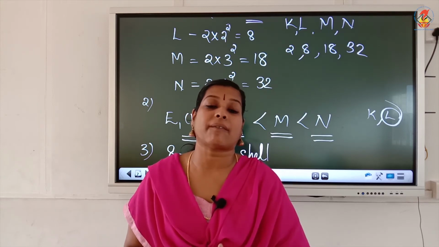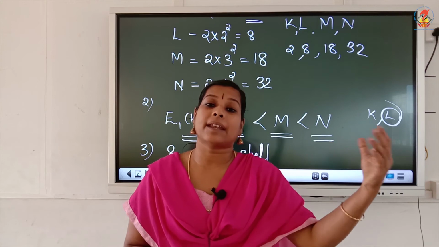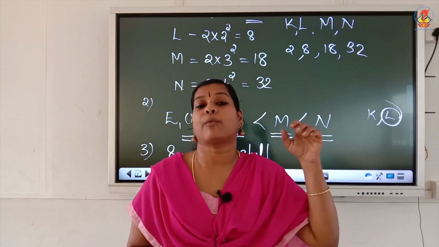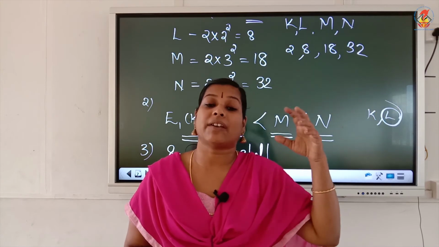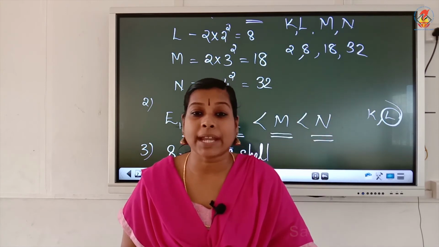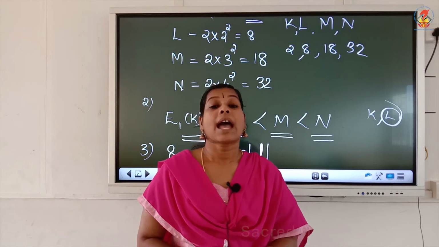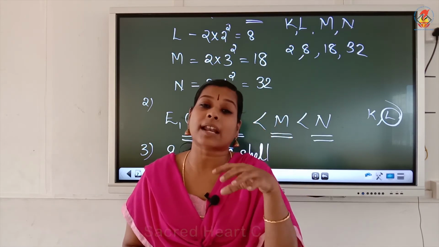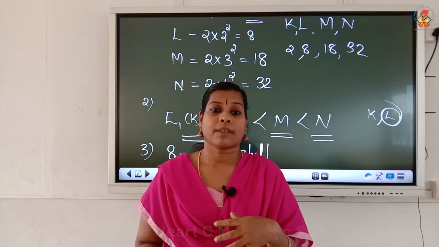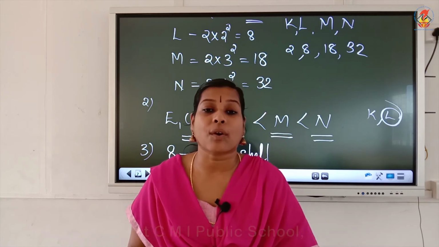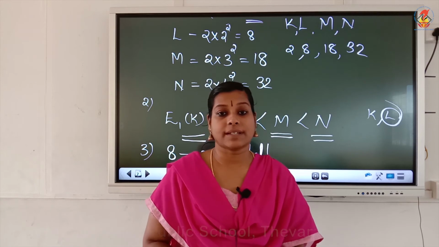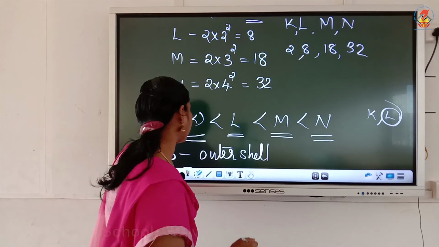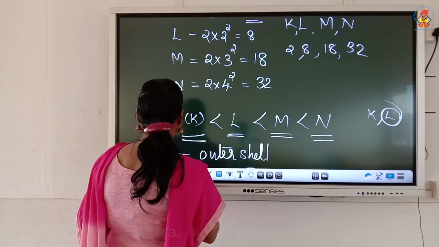Lower energy levels will be filled first, and then electrons will move to higher energy levels, and again further to higher energy levels. And if a particular level is the outermost shell, then that shell can hold only 8 electrons. So, based on these rules, electron filling happens in the atom.